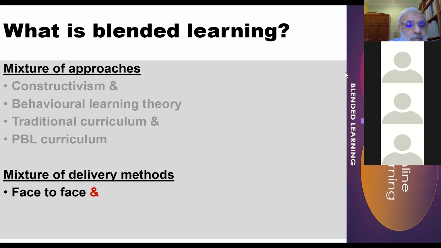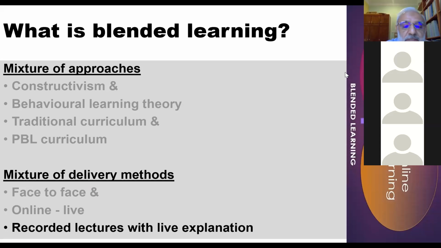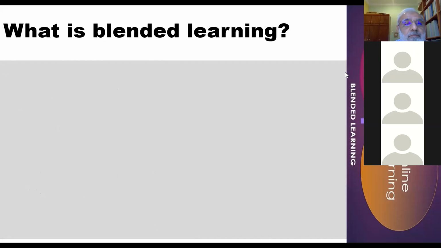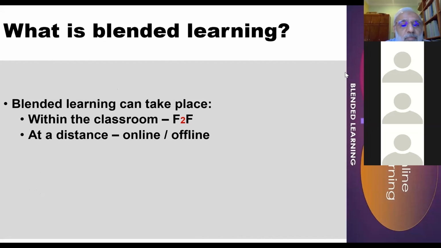A mixture of delivery methods, for example, face-to-face and online, or recorded lectures with live explanation. So we can see there are many different forms of blended learning; basically, whenever there is face-to-face plus digital experience, that fulfills the definition of blended learning. Now, blended learning can take place within the classroom, which I think most of us have been doing, for example, using videos or animations to explain some concepts.